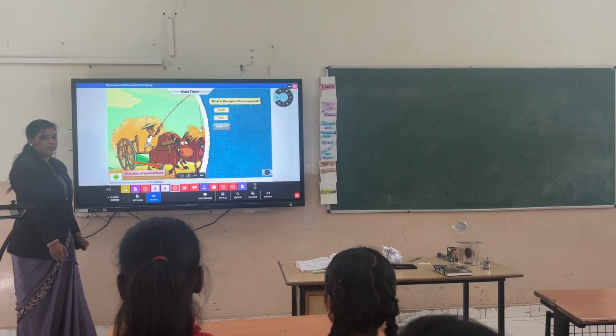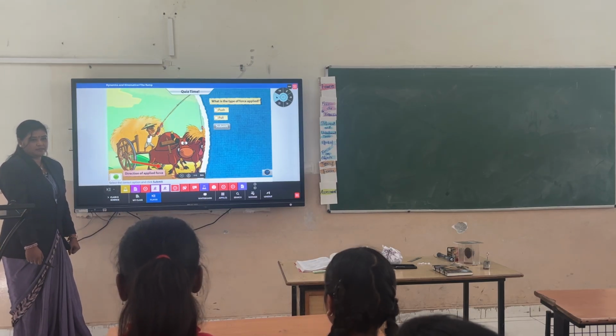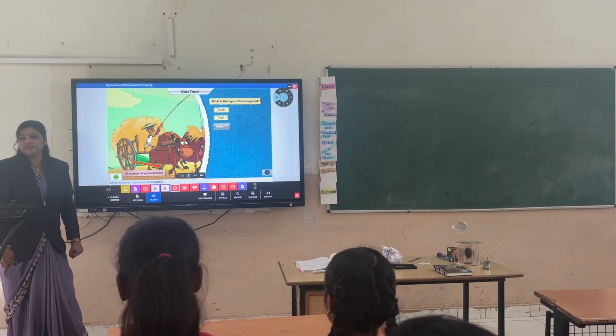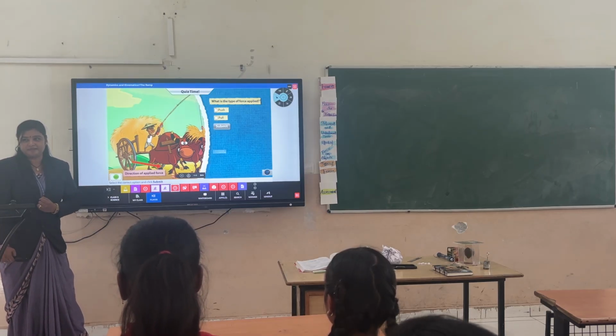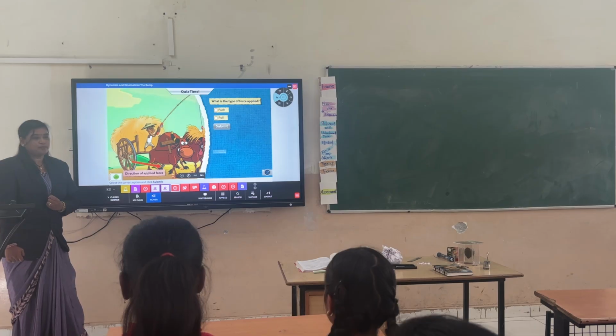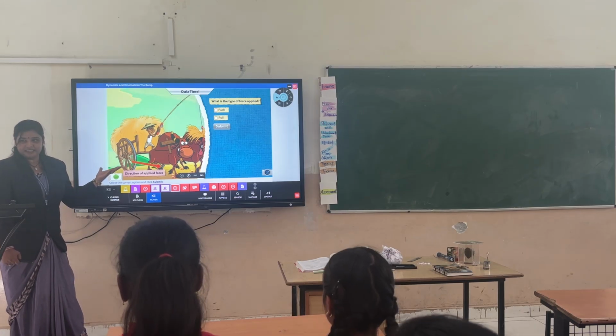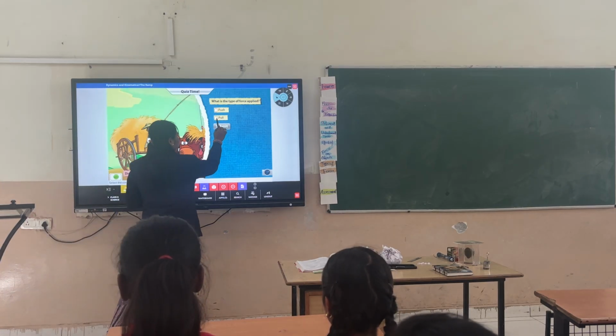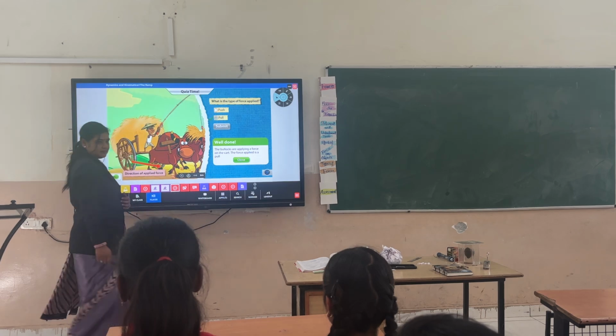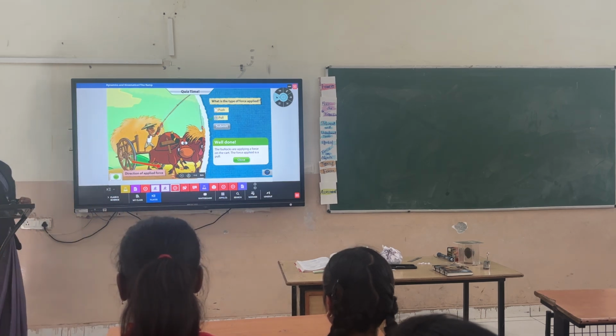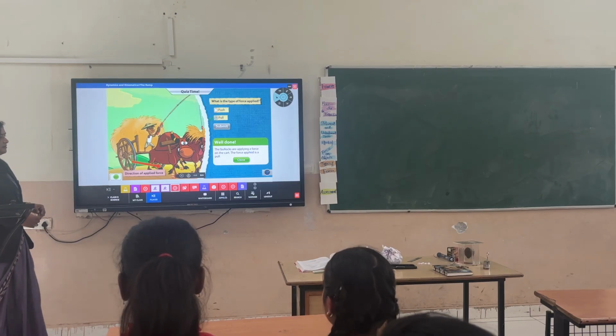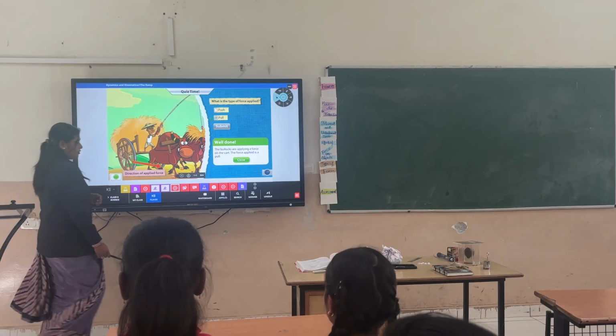A push or a pull? Pull. Pulling what? The cart. Shall we go with the answer? Well done. The bullocks are applying a force on the cart. The force applied is a pull. Okay, very good.